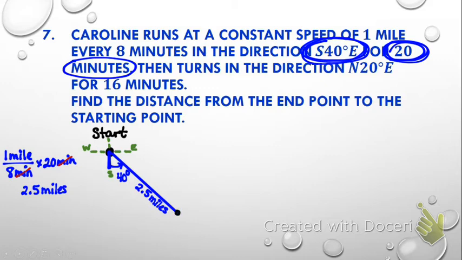She gets to this point right here, and for whatever reason, she decided to turn. So I'm going to need another compass rose because they give me another bearing from this place right here where she's turning. So I'm going to draw another little compass rose here. I've got north, south, east, and west. Because again, I always have to decide up or down first when they give me a bearing.